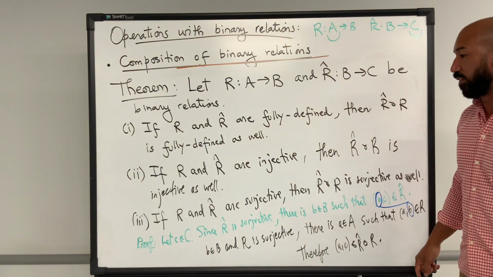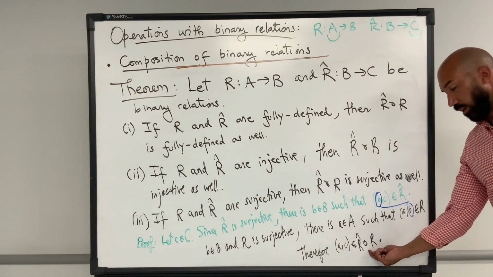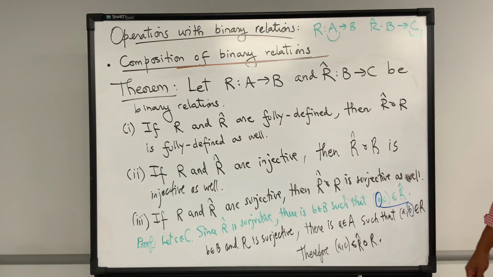So this means that every element C in C is the second component of at least one pair in this composite relation, and the composite relation is going to be also surjective.